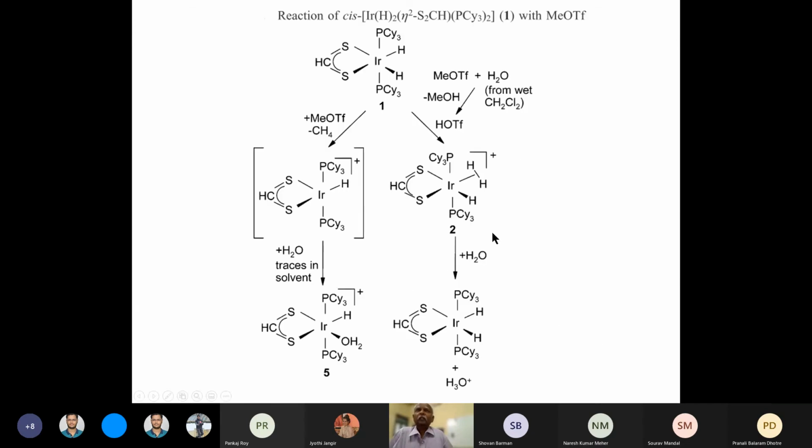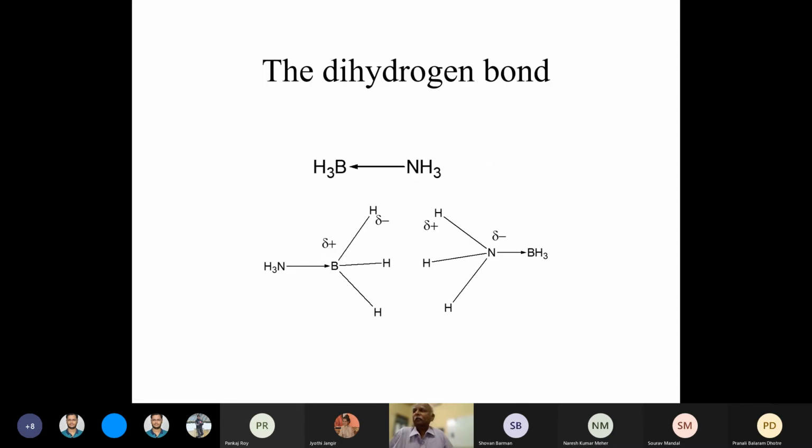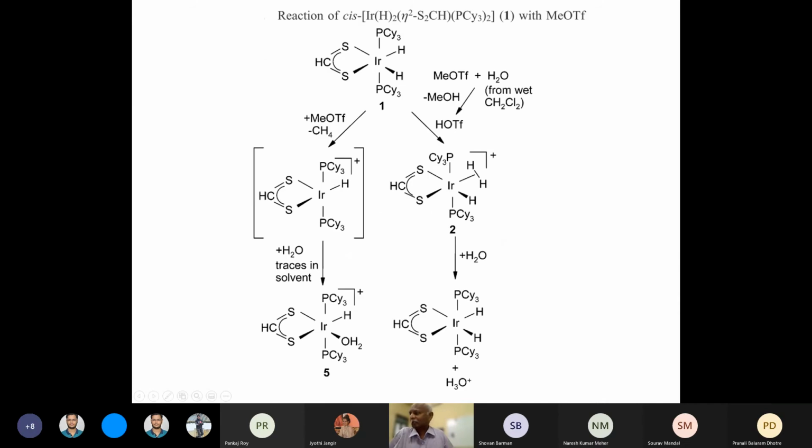Okay, so this is from the same paper that I have taken. I will show you the 3-dimensional structures for a minute, the structures that were studied.